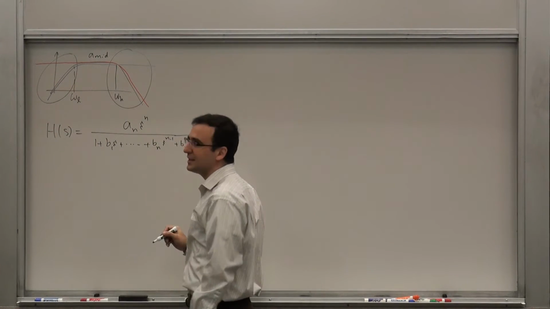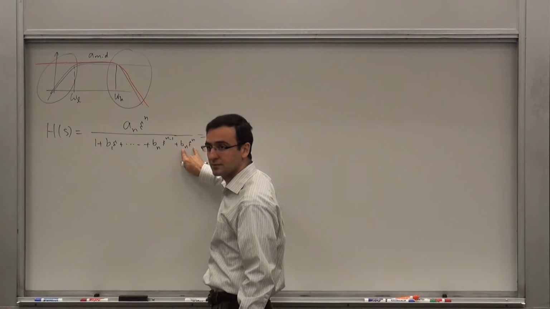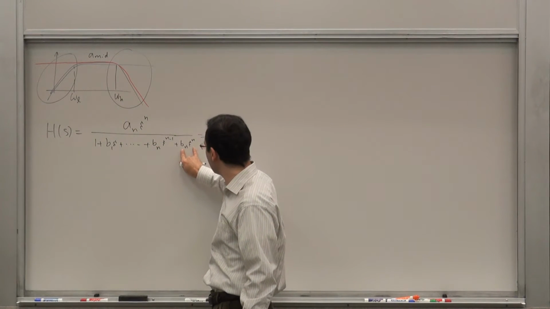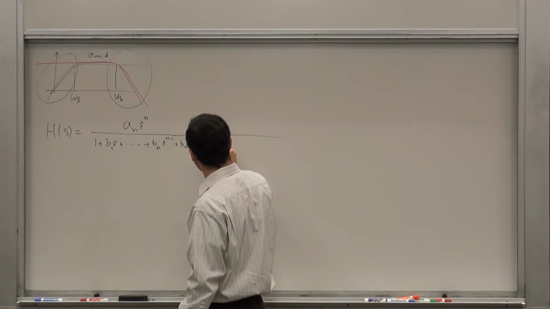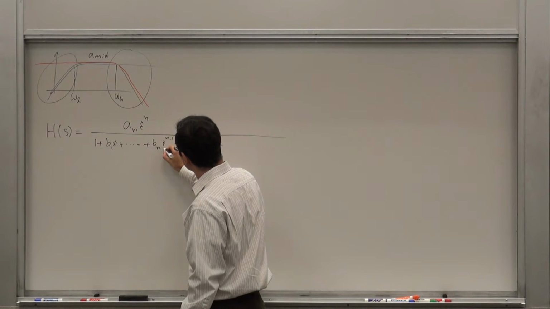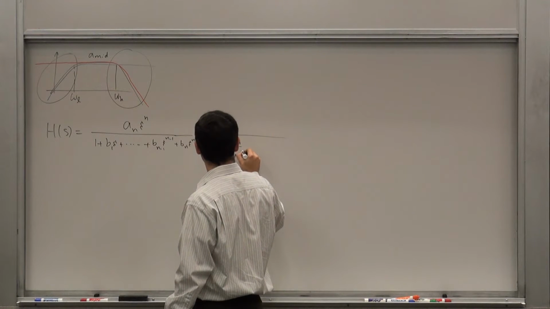So I divide the numerator and denominator by this term, bn s to the n. So what do I get? I get a 1 from this term. I get b(n minus 1) over bn over s, and so on.